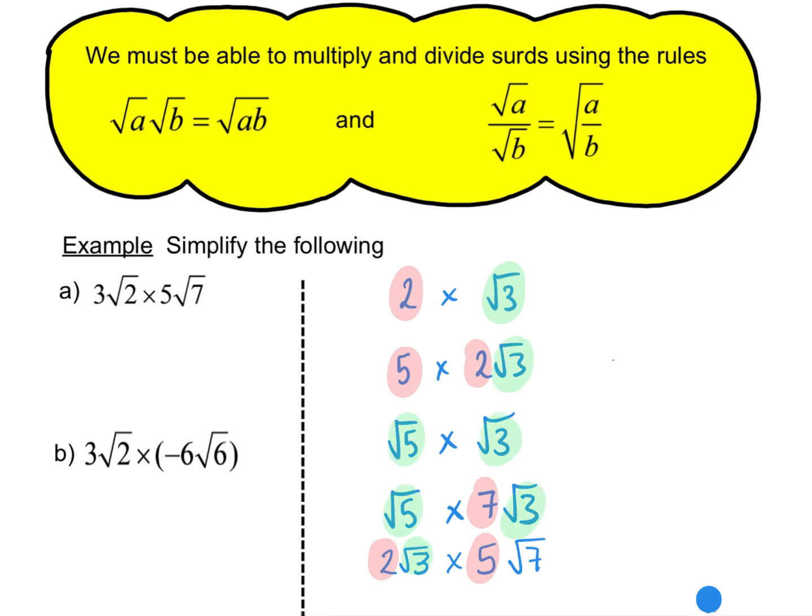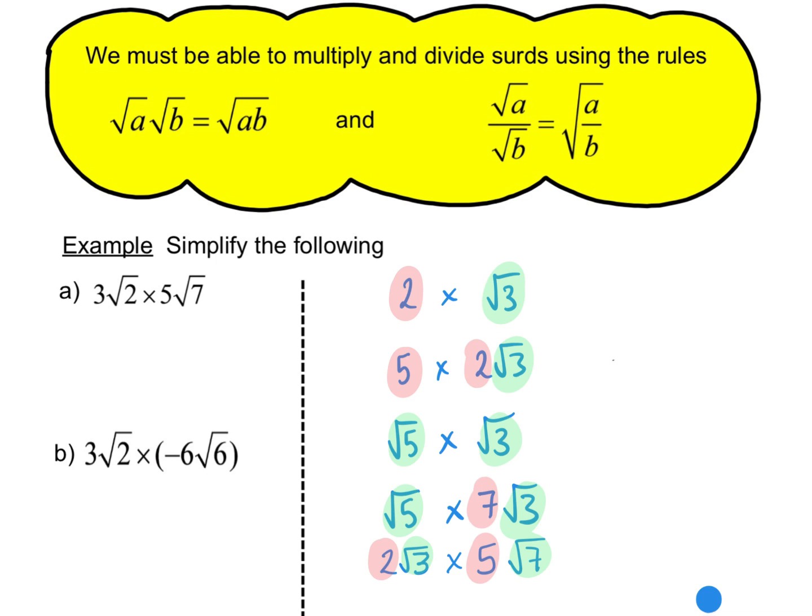Now the rule we're following here is that when we're multiplying 2 times root 3, we can't just do 2 times 3 and turn that into root 6. This is a rational number, this is a surd, so multiplying them together is very much like multiplying 2 and x together. I can't really do it, I just have to write them next to each other. So let's have a look.